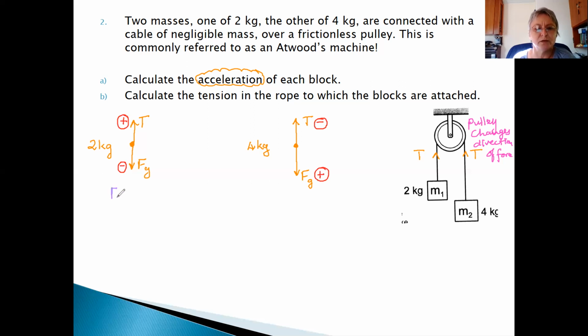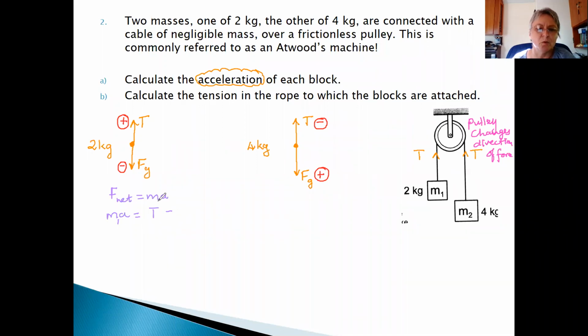Newton's second law, F net equals ma. Then ma would be tension minus Fg in this case. I can write Fg in terms of mass and gravitational acceleration.